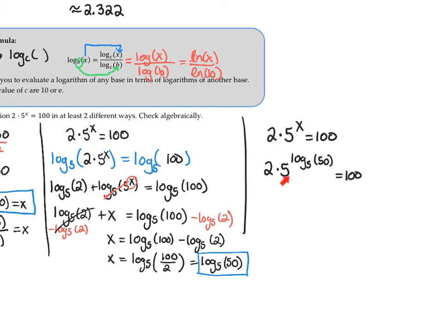Now this expression is a logarithm of base 5 as the argument of an exponential with base 5. Those two things are inverses, so they cancel each other out and give you just the input of 50. So this ends up getting me 2 times 50 equals 100, which checks. So my solution set is just the log base 5 of 50.